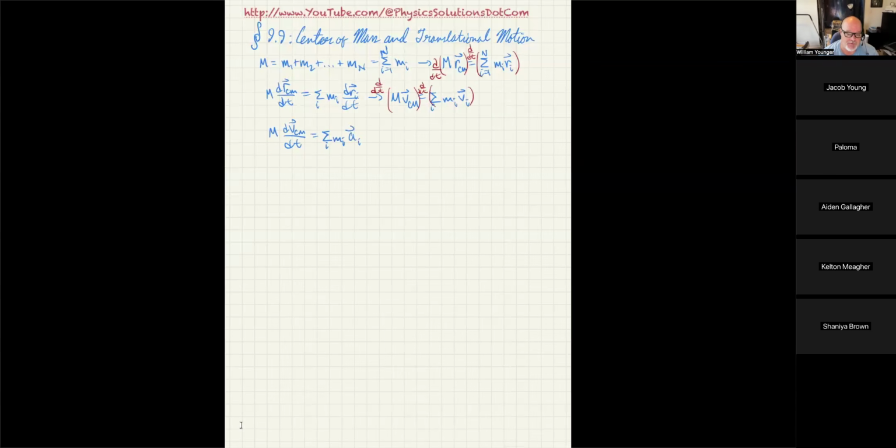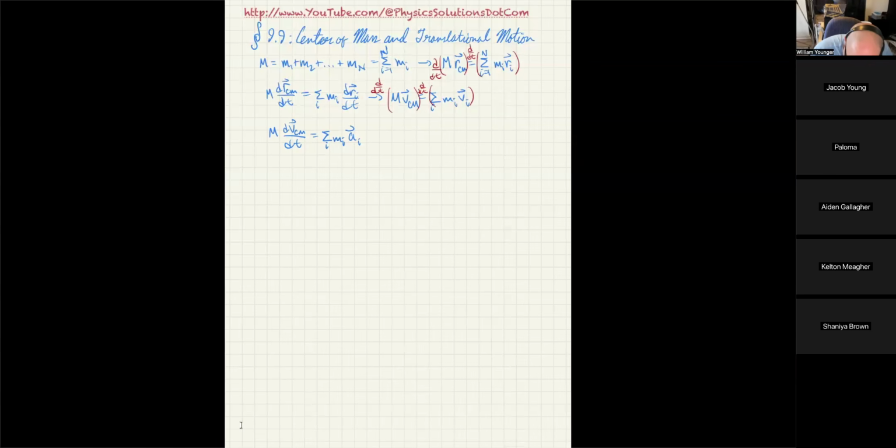So in fact, what we found is basically Newton's second law again. Newton's second law says the mass times the acceleration is equal to, in this case, the summation of the masses times each acceleration, and so on and so forth.